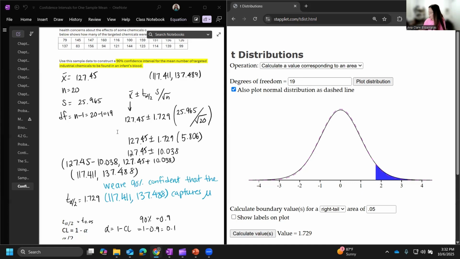Mu, the true mean number of targeted industrial chemicals to be found in an infant's blood.